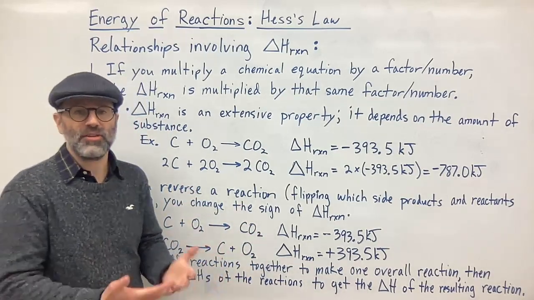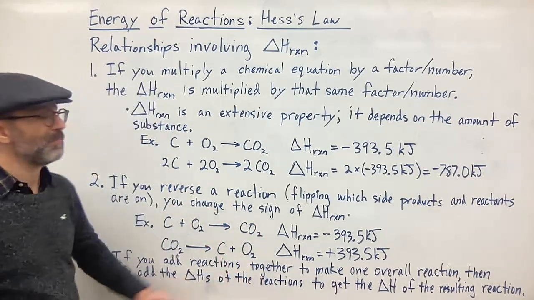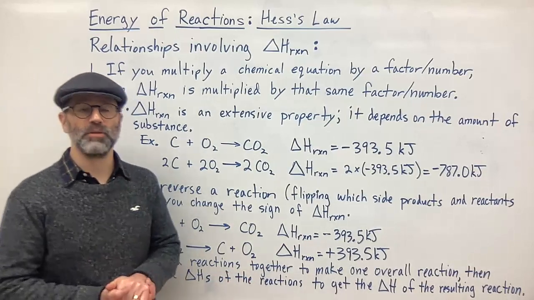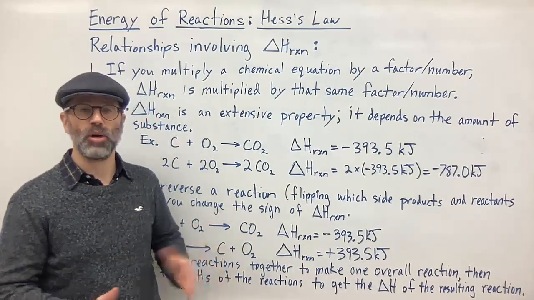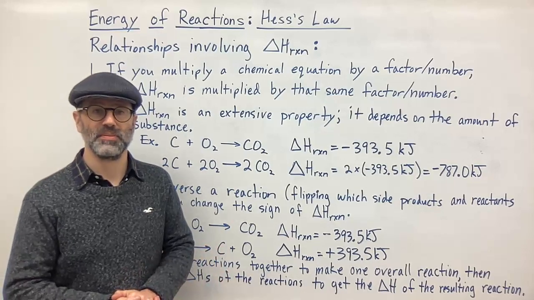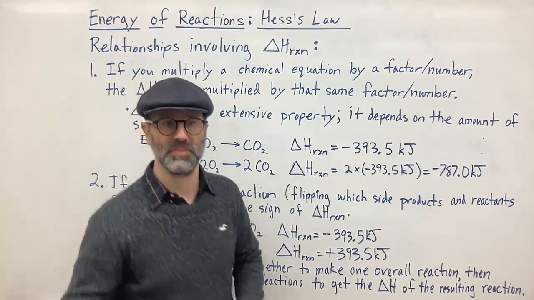So this is Hess's law. So that's number 3. And I'm going to go over a couple of examples where I'm going to show you how this all works using Hess's law. So stay tuned.